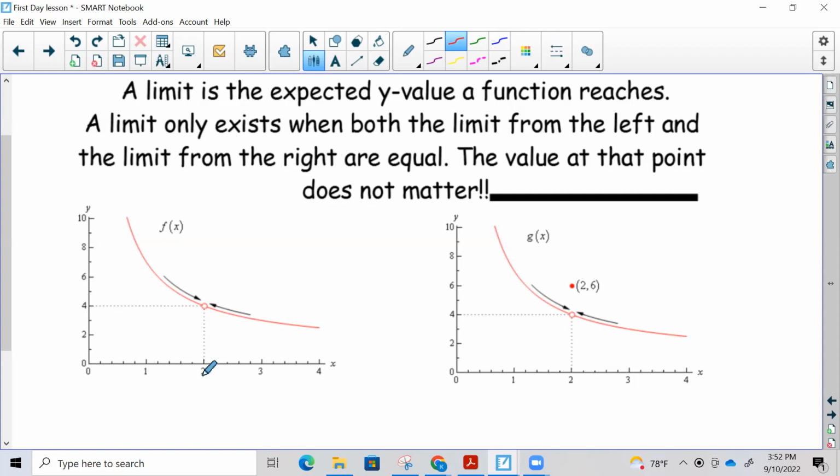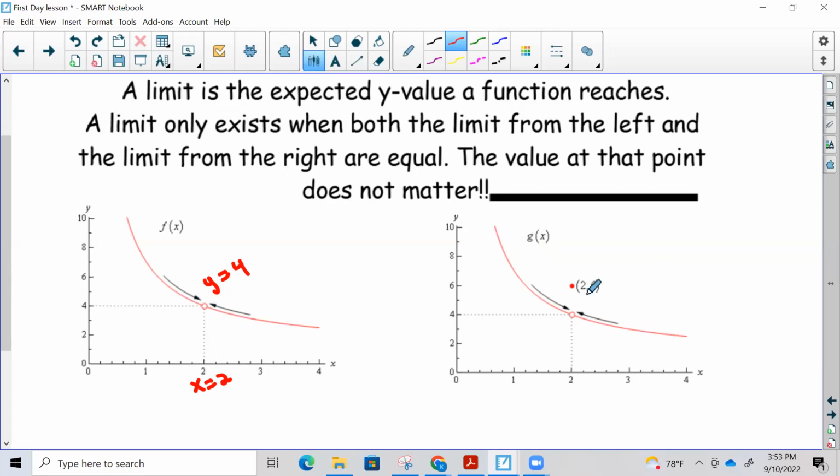We're looking at the point where the x value is 2. And we see that even though there's a hole here, the y value should be 4 at that point if I'm coming from the left. And if I'm coming from the right, it matches up to the same thing. And so we say that the limit of this function at x equals 2 is 4.